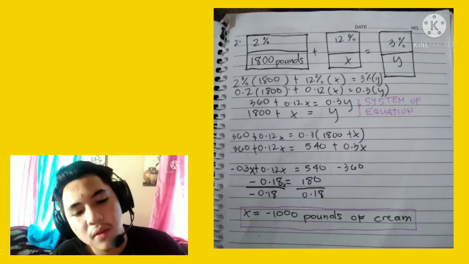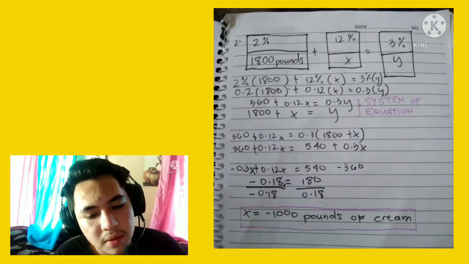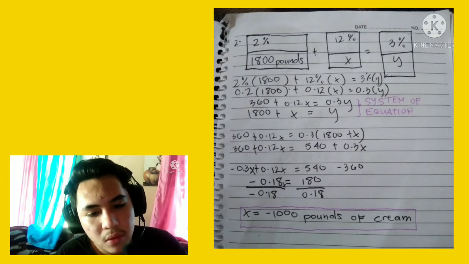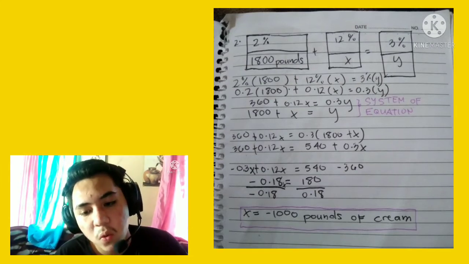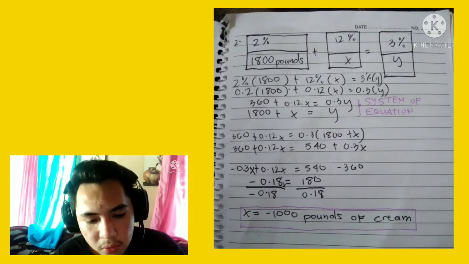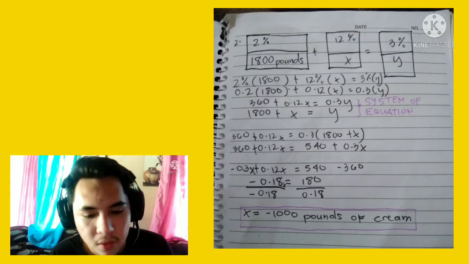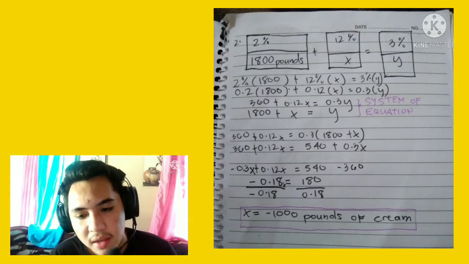So now we solve and we will get 36 plus 0.12x equals 0.03y. Then we copy the 1,800 plus x equals y, and now we have a system of equations. So after that, we can substitute our y into 0.03y.